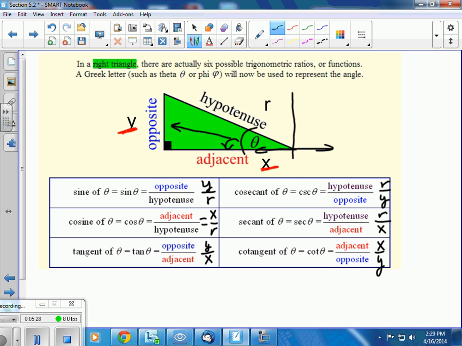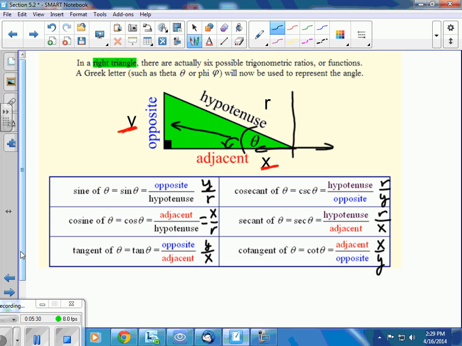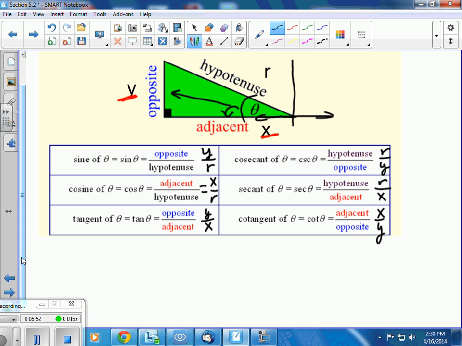Now, I'm sure that all of you have probably heard, if you've ever heard of trig or began studying trig in the past, of something called SOHCAHTOA. And SOHCAHTOA is an acronym to help you make sure you get these 6 trig functions correct.